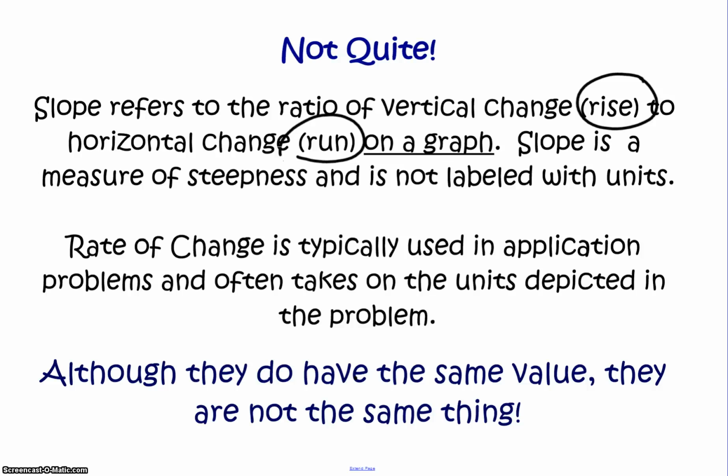Slope is a measure of steepness and is not labeled with units. Rate of change is typically used in application problems and often takes on the units depicted in the problem. Although they do have the same value, they are not the same thing. This is important. Rate of change and slope are not the same thing. They have the same value.